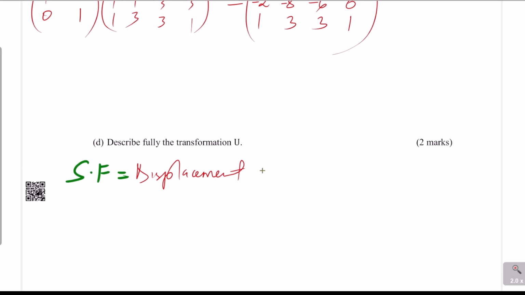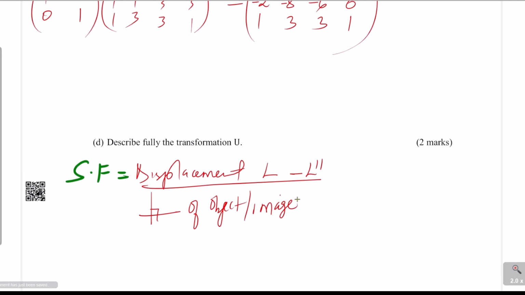In this case, you can take displacement from, let's say, L to L double prime, and then we divide by the perpendicular distance of the object or image from the invariant line. So that is how you get the shear factor.